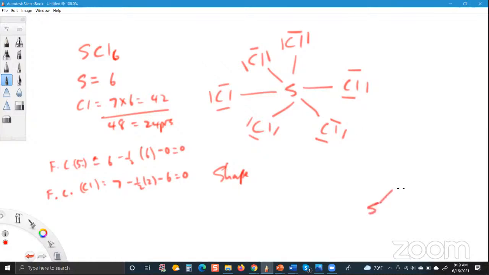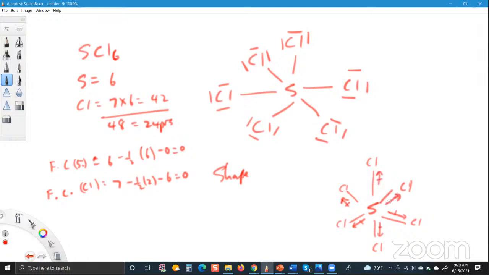You're going to have chlorine, chlorine, chlorine, chlorine, and then up here you're going to have chlorine, and down here you have another chlorine atom. So you have a dipole acting here, here, here, down, directly up, and another dipole acting here.